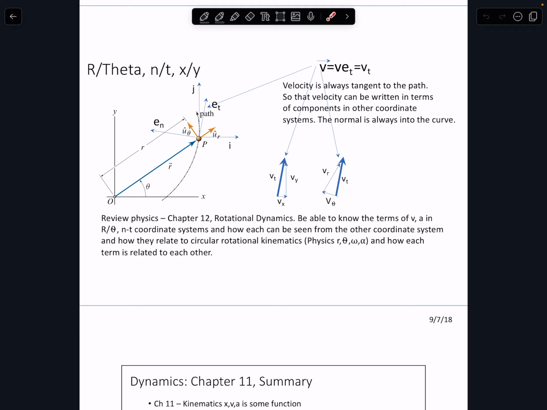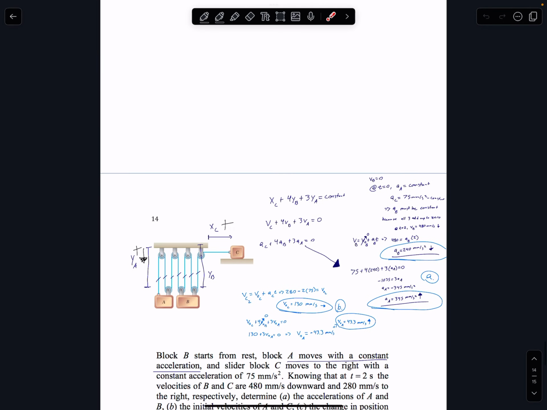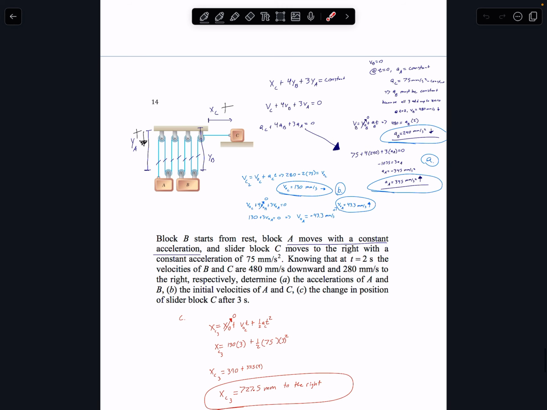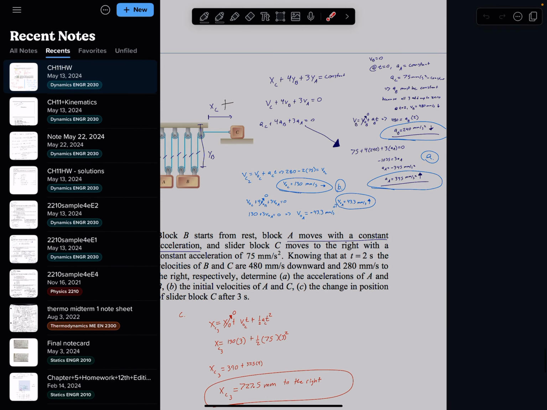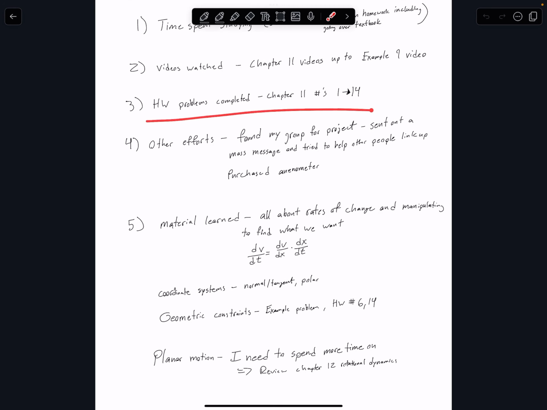I think I have an understanding in my head of it, but still, I'm not quite comfortable with it. And here we just have another geometric constraint as before. So that was homework completed.